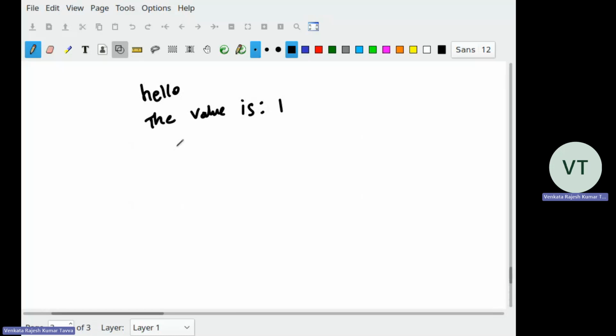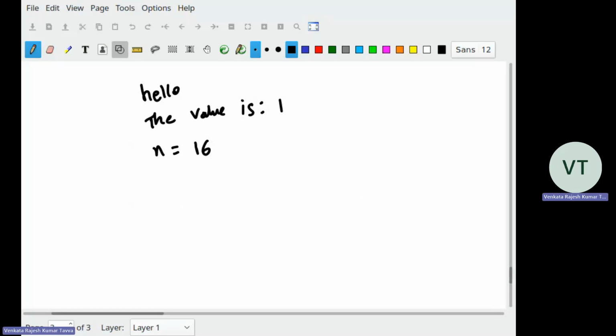And then next line, n equal to 16. Okay. So this should be the output. Let us see. Exactly, that's what we got. Hello, and the value is 1 and n equal to 16.